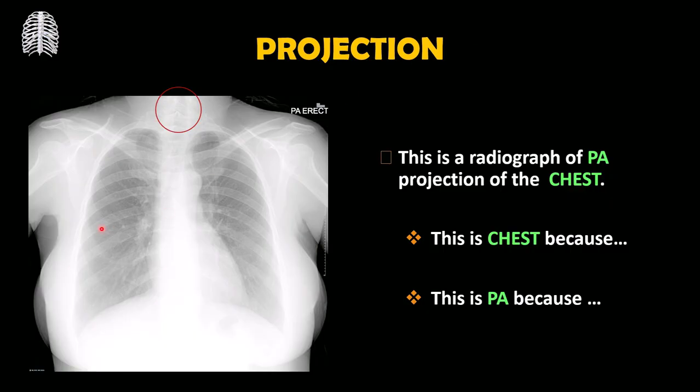In addition, in order to differentiate between PA and AP of the chest, we can evaluate the C6, C7 and T1 vertebrae.